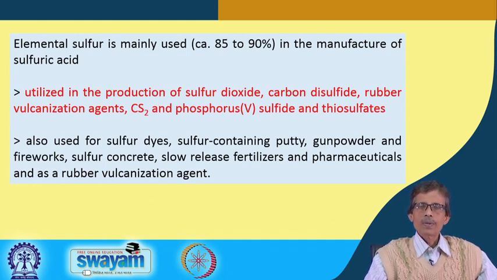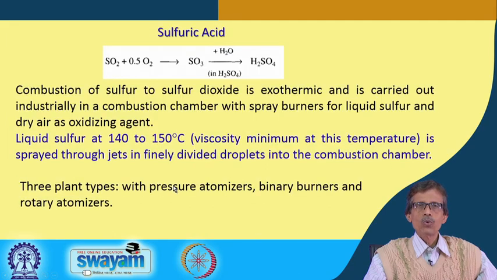So, the sulfur present in a big organic molecule can also come from elemental sulfur. So, sulfur is also utilized for making different pharmaceuticals, and definitely, what we already told you, as a rubber vulcanizing agent.